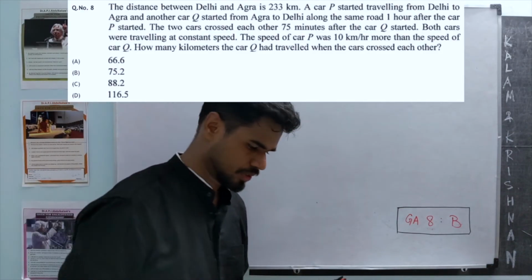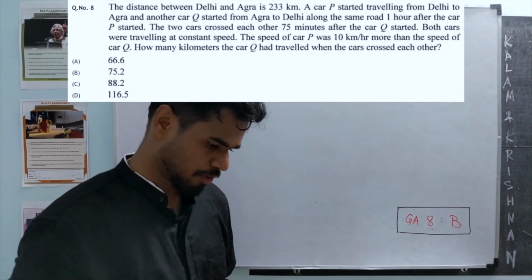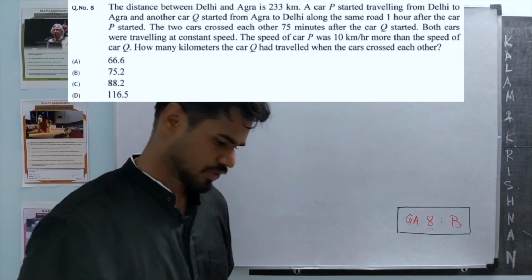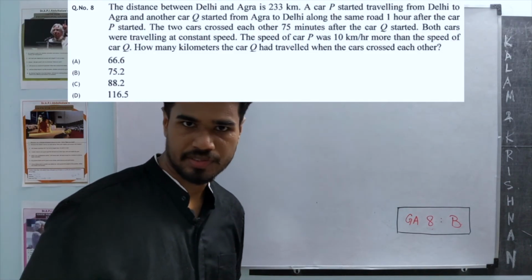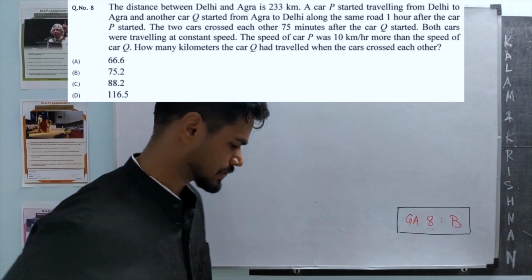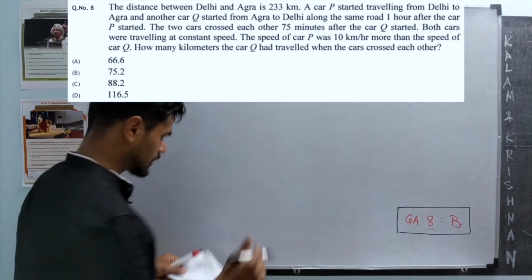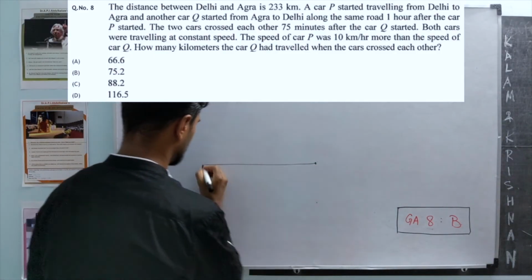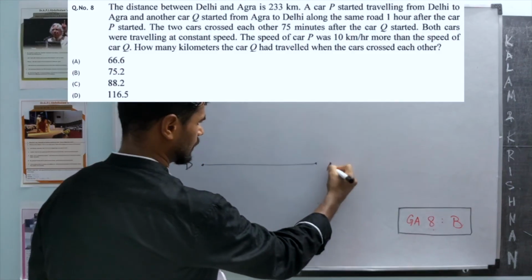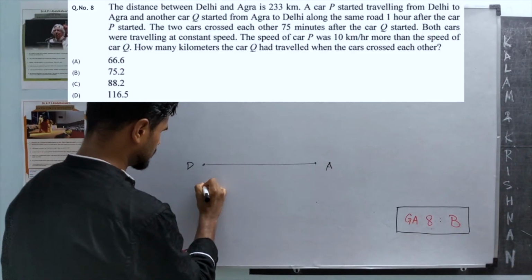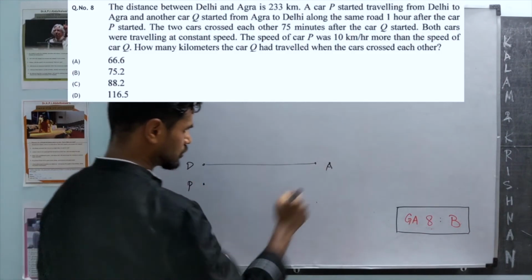Okay, so this is a simple problem on speed, distance and time. So let's convert the text into equations. Then that should give the answers. Okay, so we have Delhi and Agra here. Car P starts from Delhi, goes towards Agra.